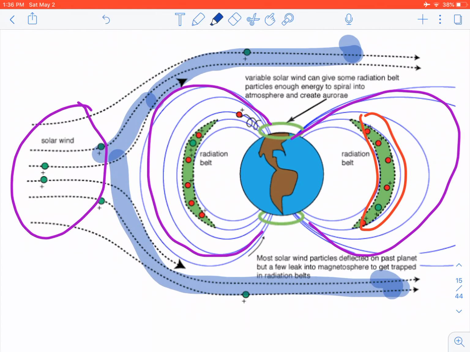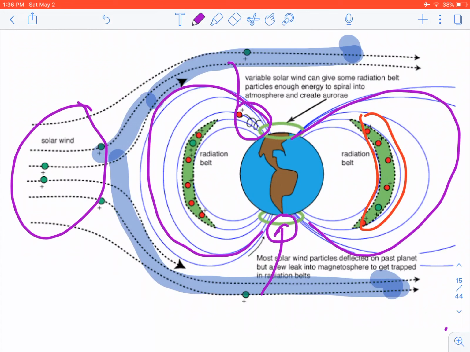But sometimes some of them don't escape; they spiral into the north pole of the Earth, and the same thing can also happen at the south pole.